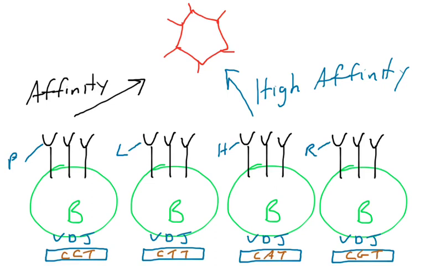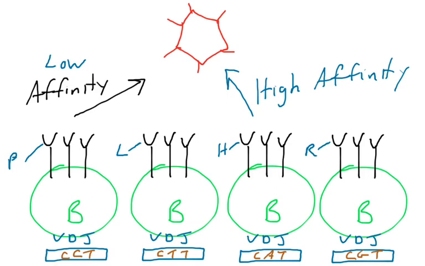If that's the case, then the cell that's got the histidine would actually go on to the next step in the process. All the other cells here that you see, the one with the proline, leucine, or arginine, those cells would die at this point in the process of B cell activation. So the low affinity versions typically don't make it past the affinity maturation process.